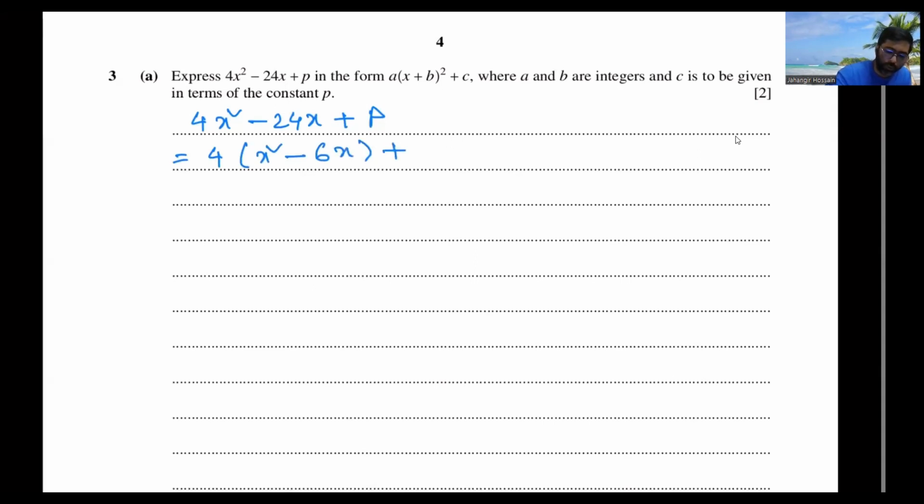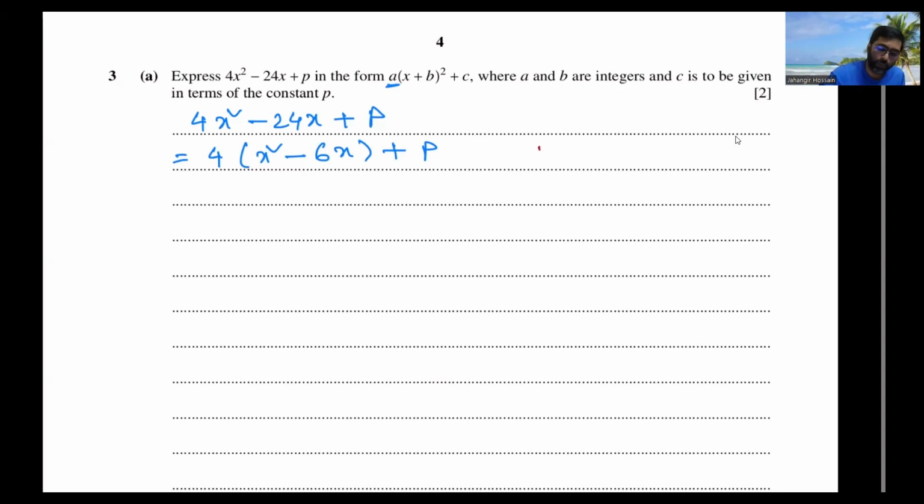So we have this one. Why are we taking only 4 common? Because the question is asking for this form, and we'll use the completing square formula here. To use it, we need the expression in this form.